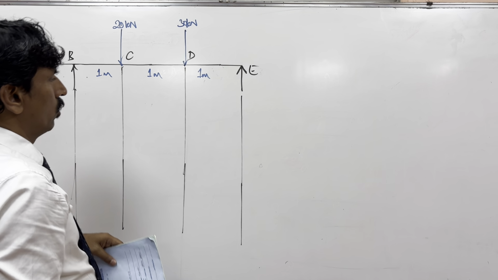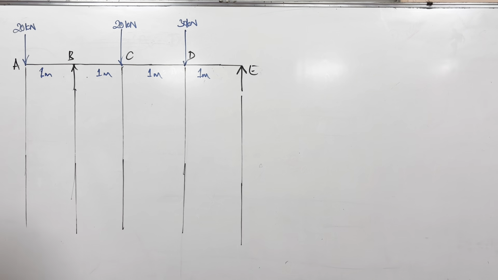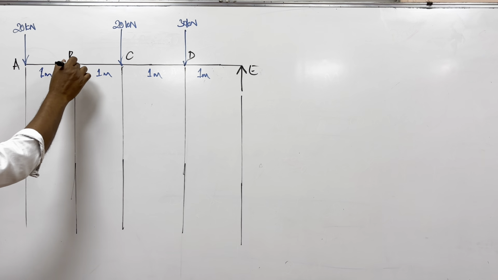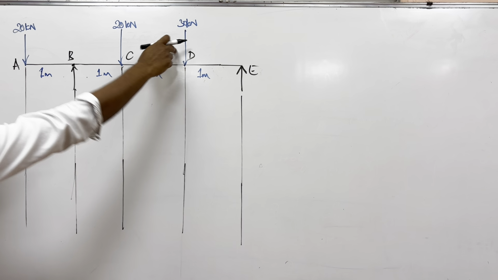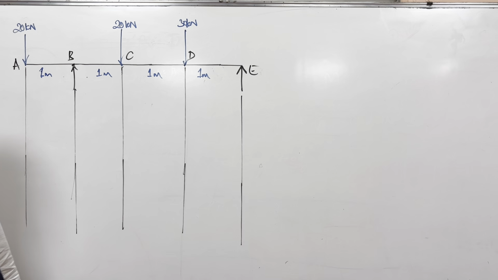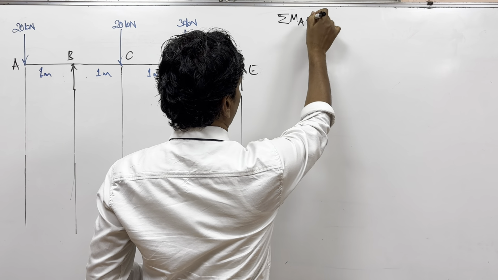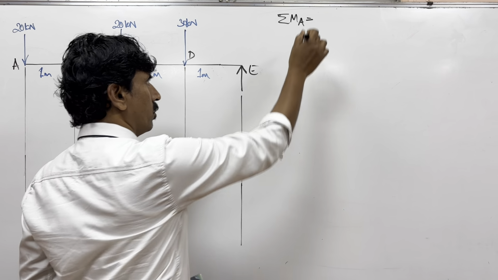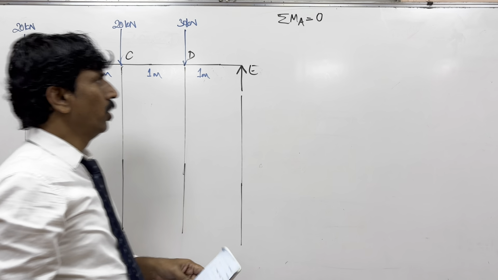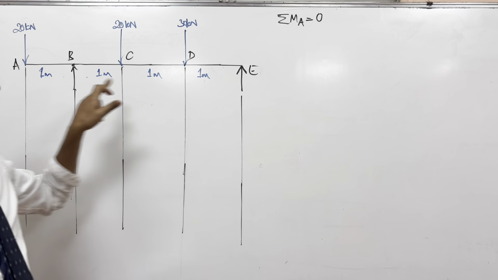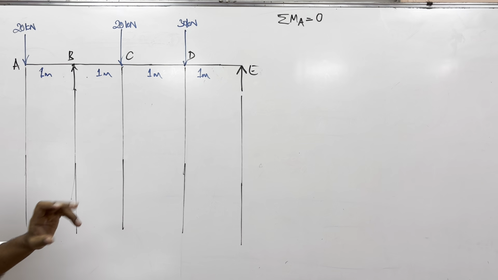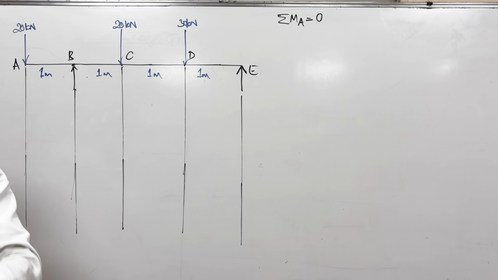Once you have done this, these are basically supports, and all these values are known. These two are not known. Earlier, what we used to do was take the left side, sigma MA equal to 0. Suppose you start solving like this, then you end up with an equation with both RA and RB, two unknowns which you can't solve.